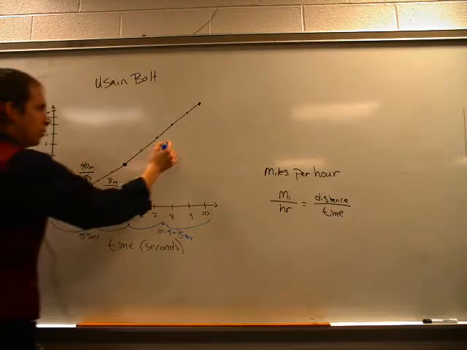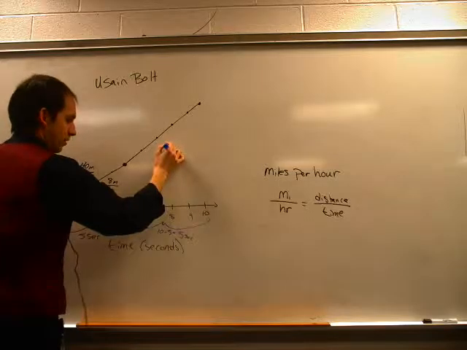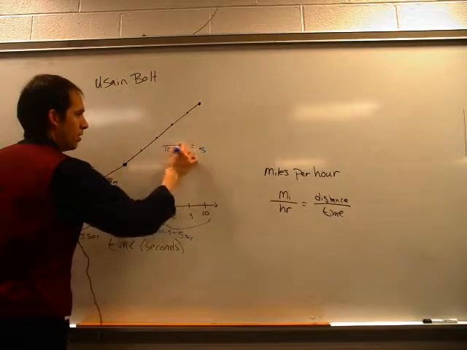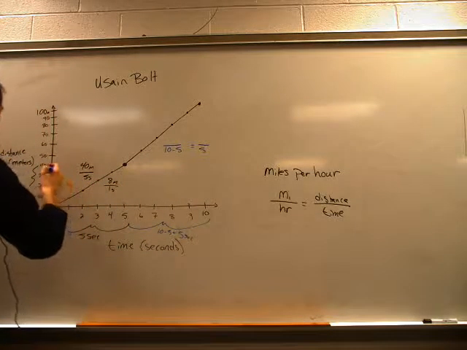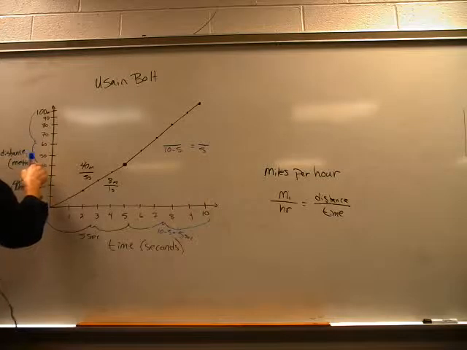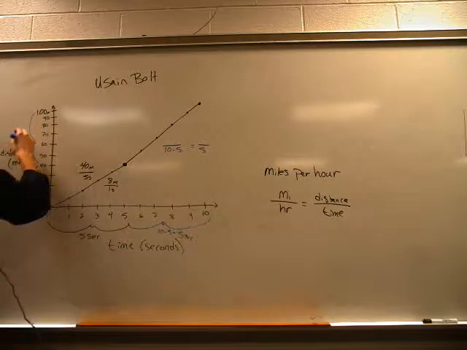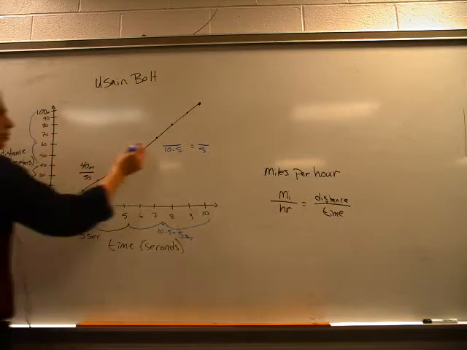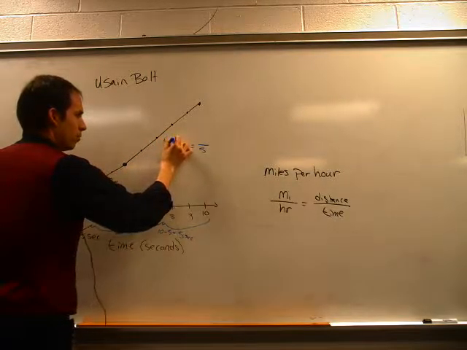Well, what's the distance? So let's see. We got 10 minus 5. That equals 5 seconds. All right, so right there. Okay, so let's come over here and find out the distance. So the distance here goes from 40 meters to 100 meters. So what's that distance? Let's see. That distance is going to be 100 meters minus 40 meters.